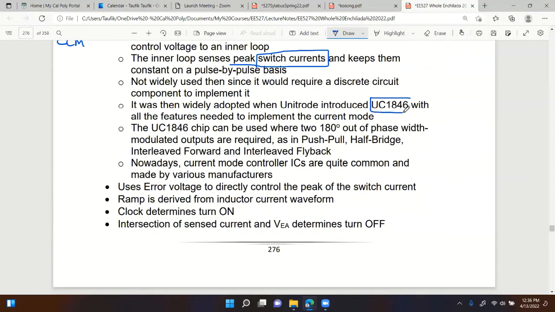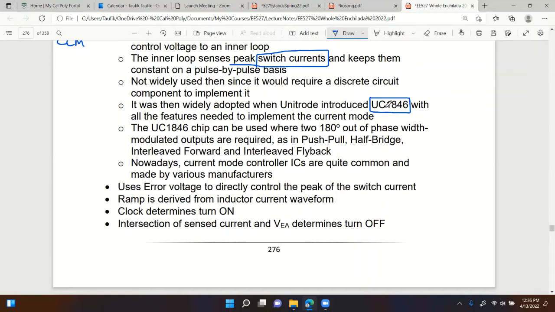The UC1846 is one example of it. If you talk to some experienced power supply engineers, they would know this. UC1846 is actually the first current mode controller I used. Designing my first power supply, I used this controller.